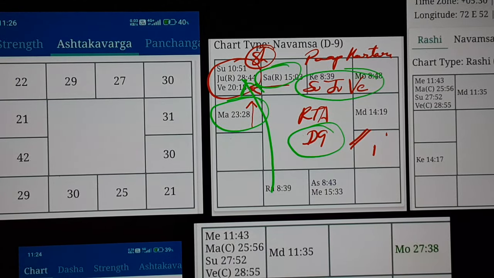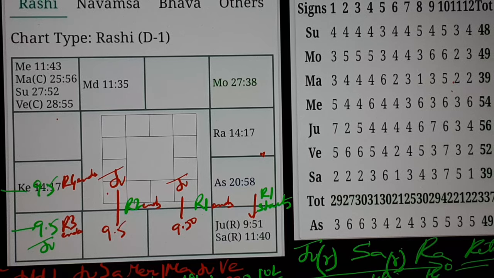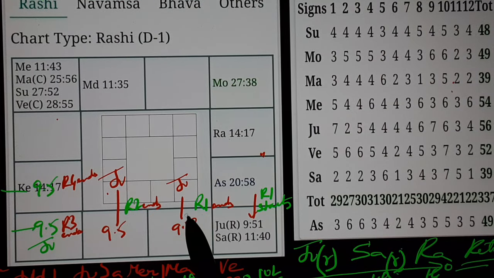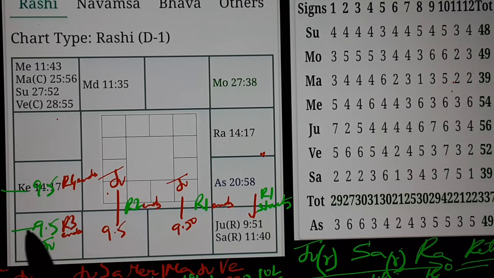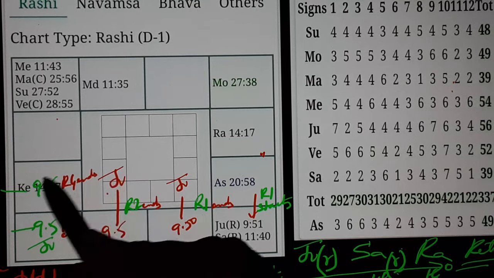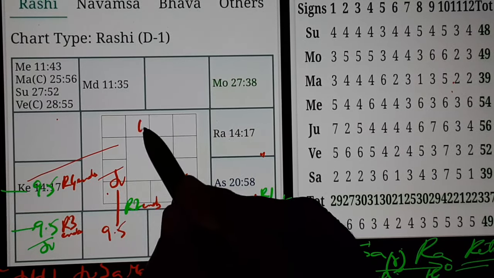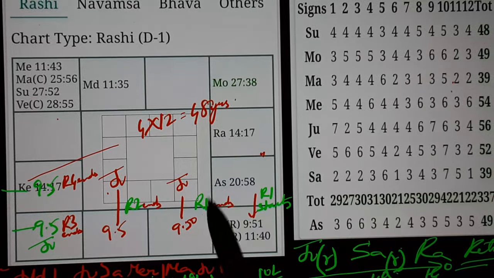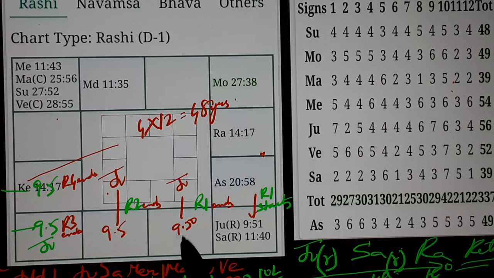This is really a tragedy. Now let us see, the native has crossed round 1 which ends at this point, round 2 ends at this point, and rounds 3 and 4 end in Capricorn. Here the native achieved the age at the end of 4 rounds, which comes to 48 years. Now we have to see what has prevented her marriage.